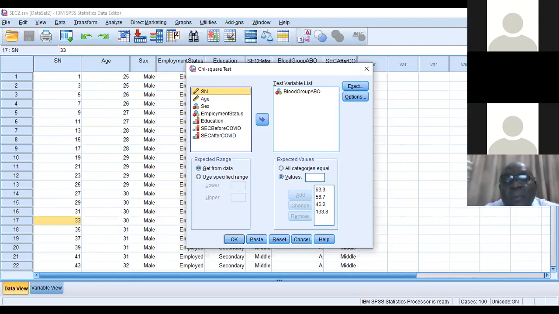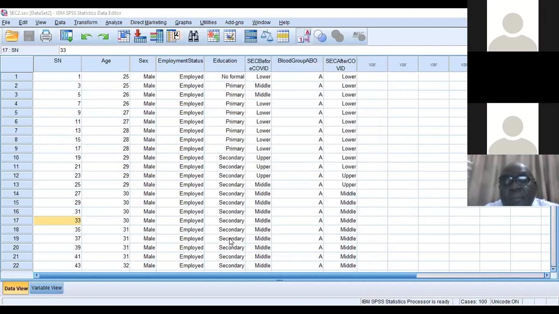Now, let's click on all categories equal, Dr. Balogun. All categories equal. Okay. Click on it. Click OK. Run it. You see, it will give you different results. Share the result view.